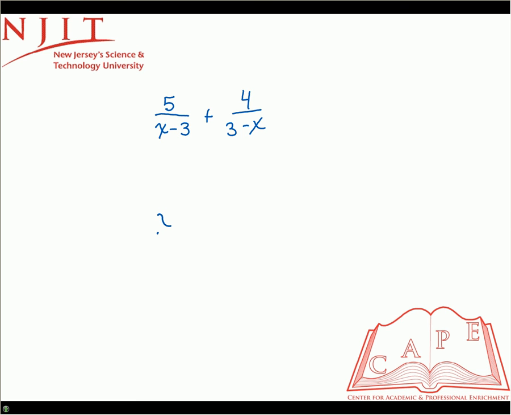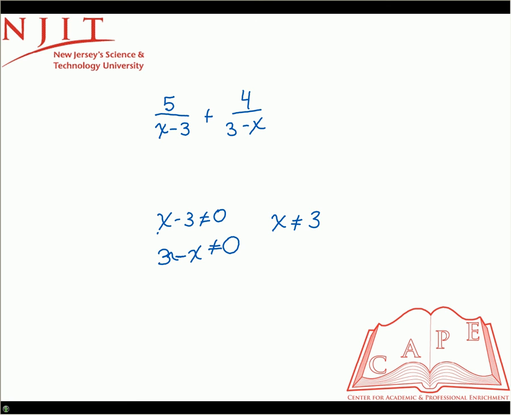So let's do that. x minus 3 can't be 0, as well as 3 minus x cannot be 0. Okay, and if we solve those, that means x cannot be 3.